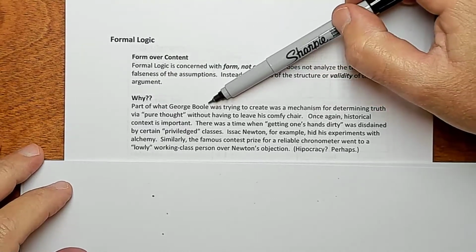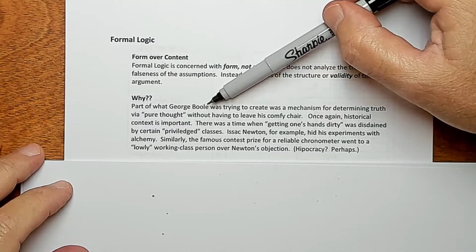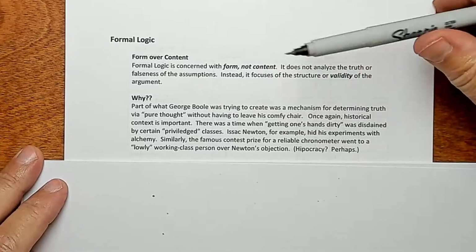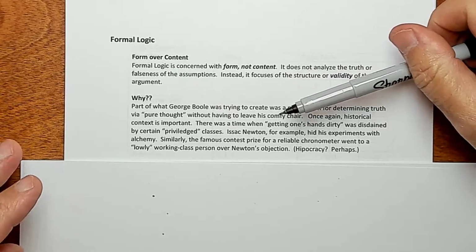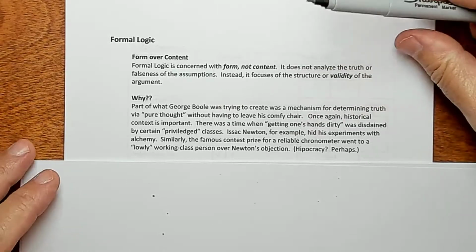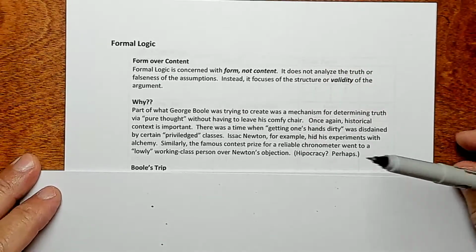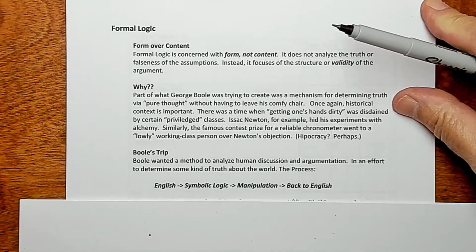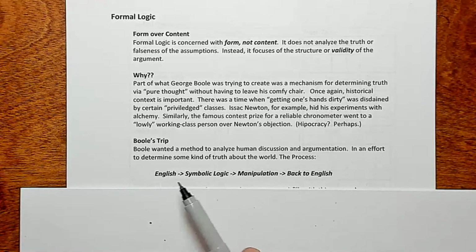The guy that contributed a lot to this discipline was this George Boole guy. What he was trying to do is sort of understand the world or generate new knowledge, perhaps, by just arguing and talking. He didn't want to actually get his hands dirty. So here's what he wanted to do.